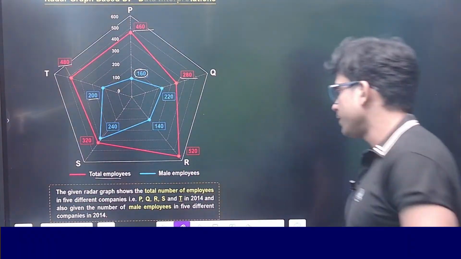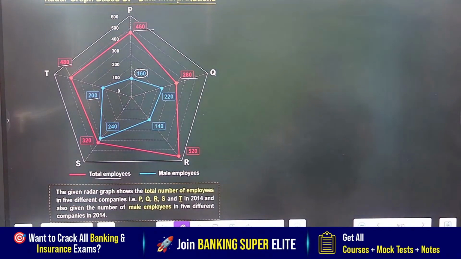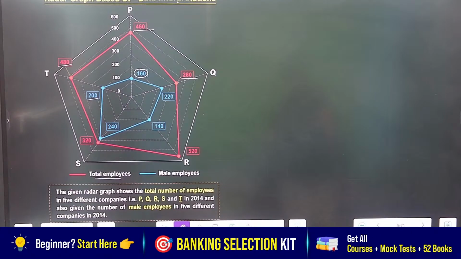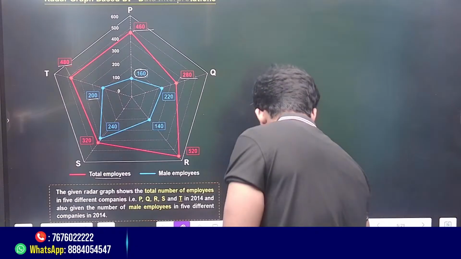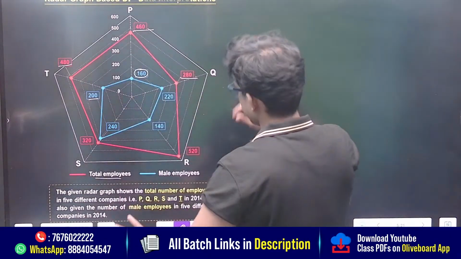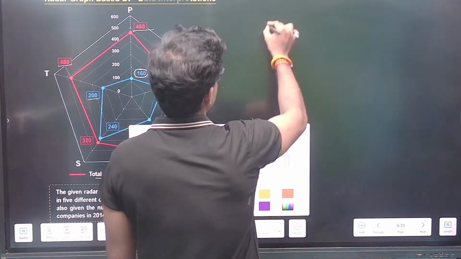So first we got the total employees, and then we got the male employees. Whenever you see such a question, you need to have a very clear vision in your mind.